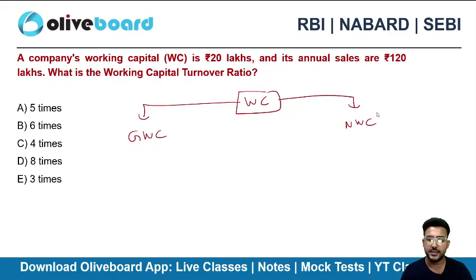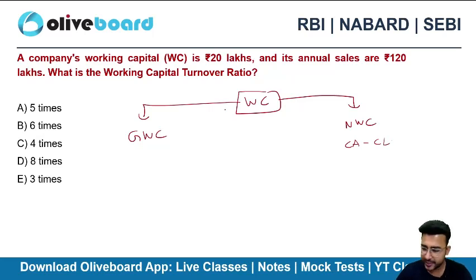Can you guys tell me the difference here? Net working capital is nothing but your current asset minus current liabilities.